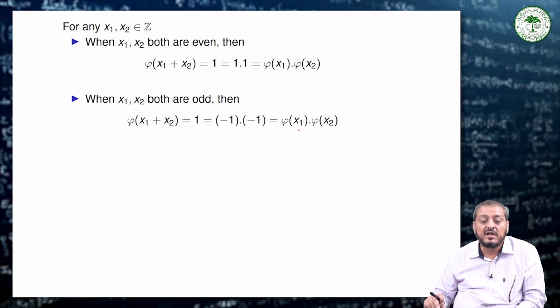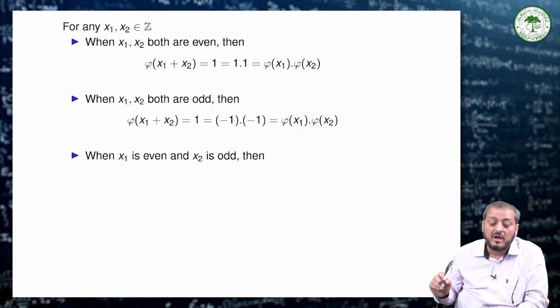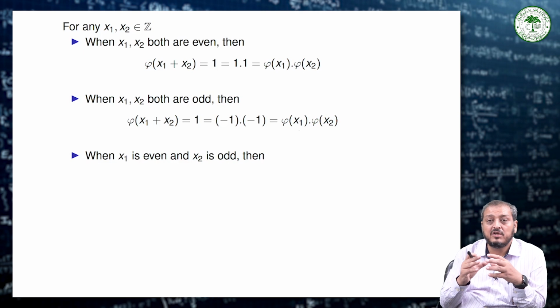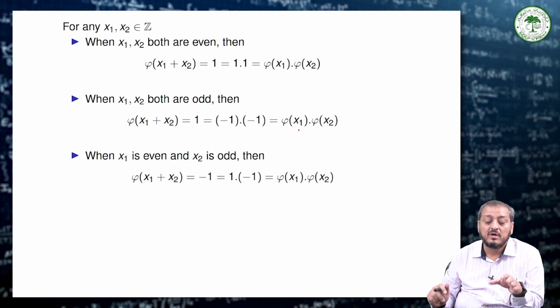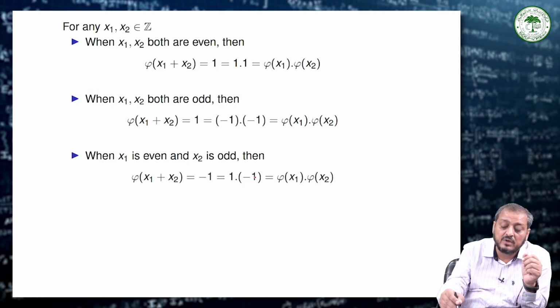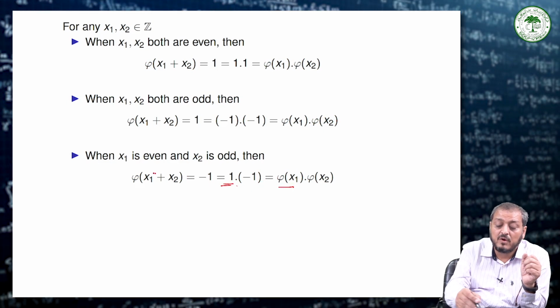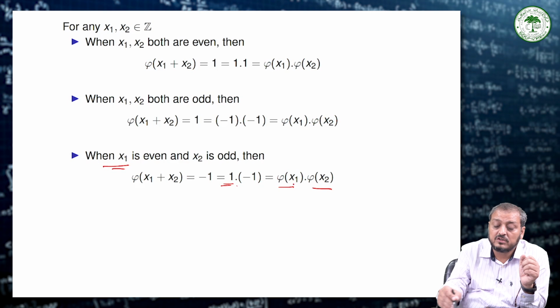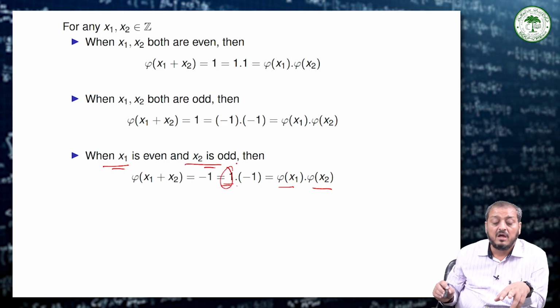Similarly, when x1 is even and x2 is odd, the sum even plus odd is odd. So phi of x1 plus x2 is -1, which can be written as 1 into -1, equal to phi of x1, because x1 is even, times phi of x2, because x2 is odd.